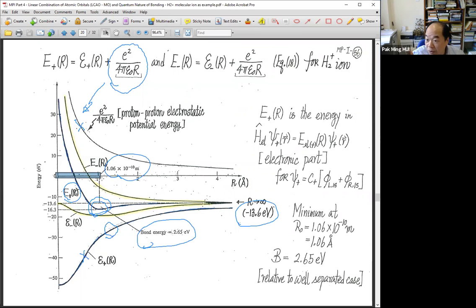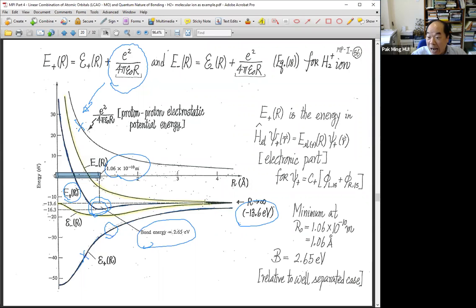Room temperature is 0.025 eV. So there is a binding. One electron can bind two protons. The preferred separation is about 1 angstrom. The energy gained is 2.6 eV. That's the answer from a very simple LCAO calculation, okay?